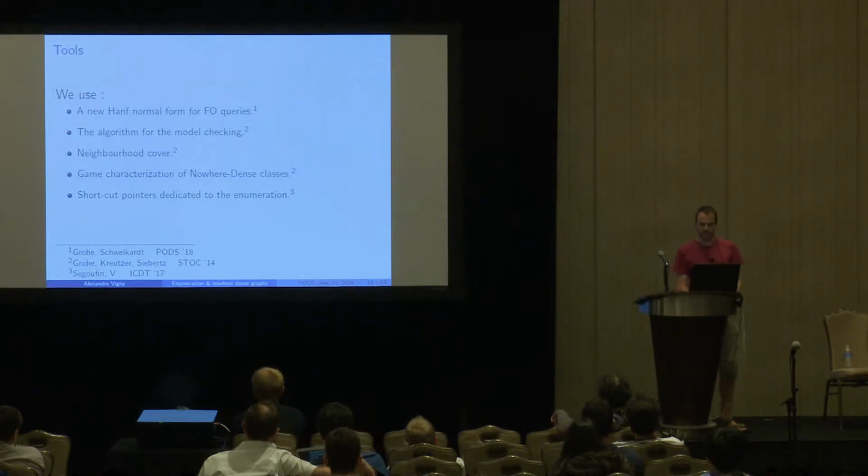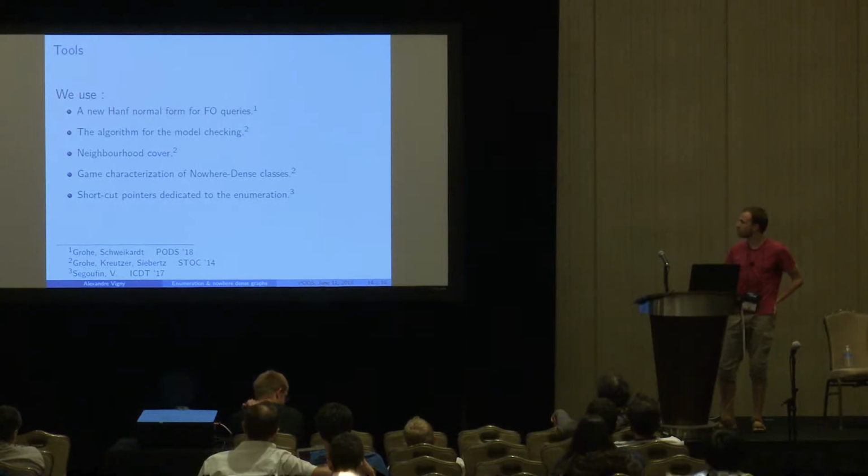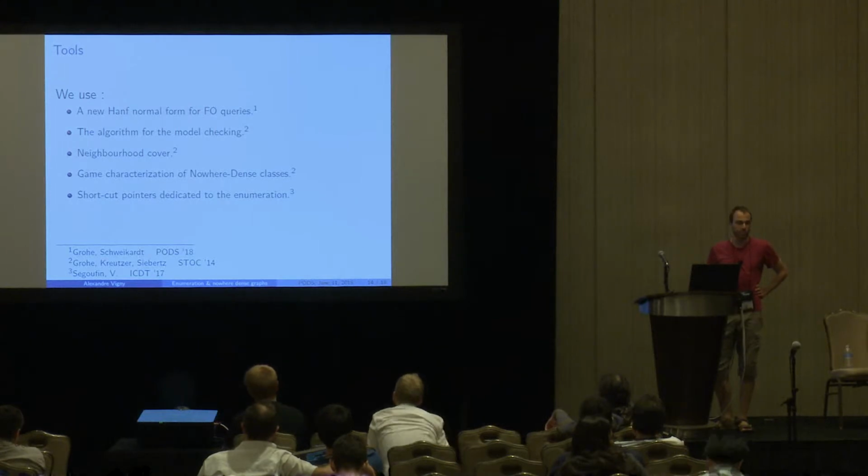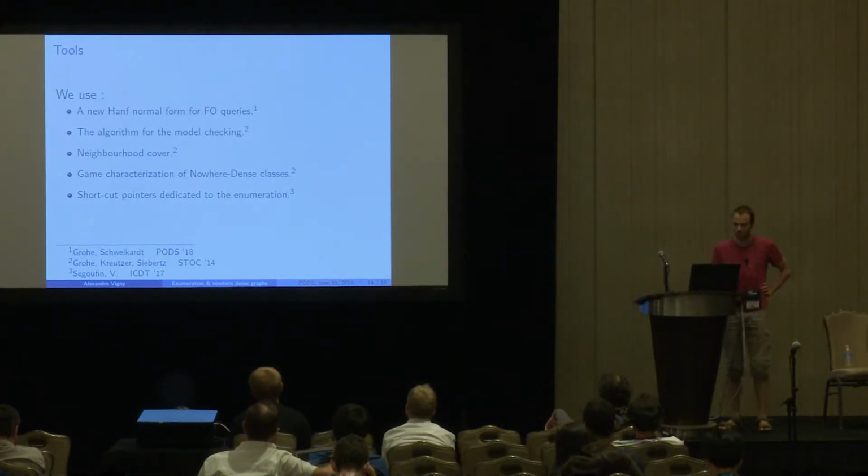Okay, so what are the different tools that we use? The first one is a really recent normal form for FO queries that has been introduced for the counting problem, which will be presented tomorrow. Then we also need several things from the paper for the model checking problem by Grohe, Kreutzer, and Siebertz. The first thing that we use is the algorithm for the model checking.